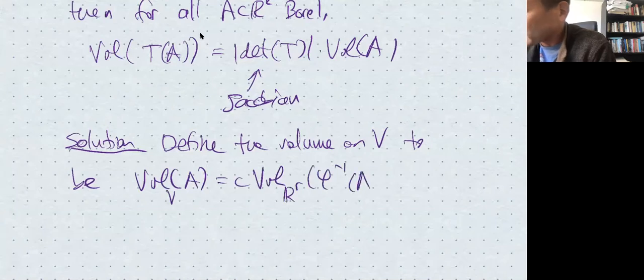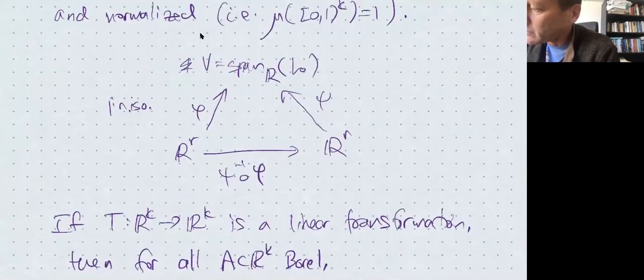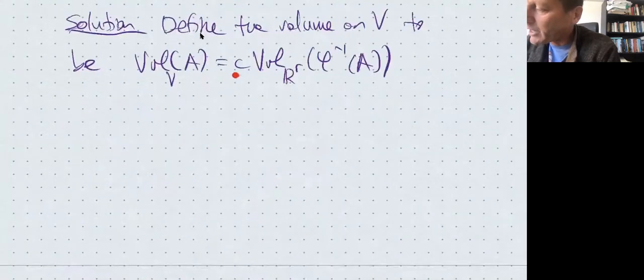So going back to this diagram, there's a volume here, which is Lebesgue measure over here, and we're trying to define the volume over here. So let me call the volume over here vol sub V, and let me call this vol sub R^r. And so we take a set here, we pull it back under phi, we measure it here, and we multiply by the scalar c. So that's what this formula says.